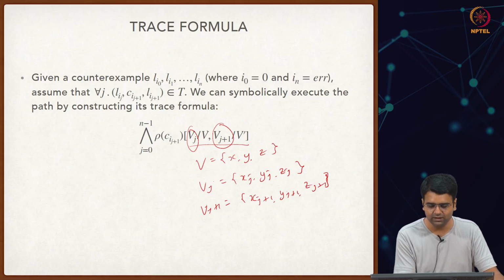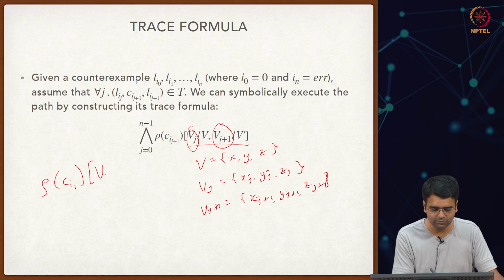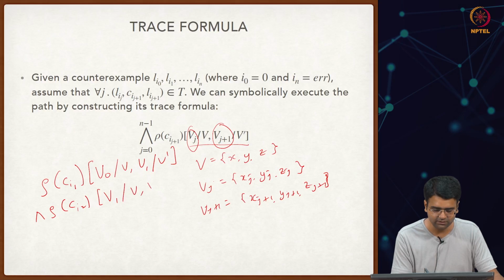Again, if you try to visualize what is happening, for the program command ci1, rho of ci1 has v0 replacing v and v1 replacing v prime. This will be conjuncted with rho of ci2, where v1 replaces v and v2 replaces v prime, and so on.